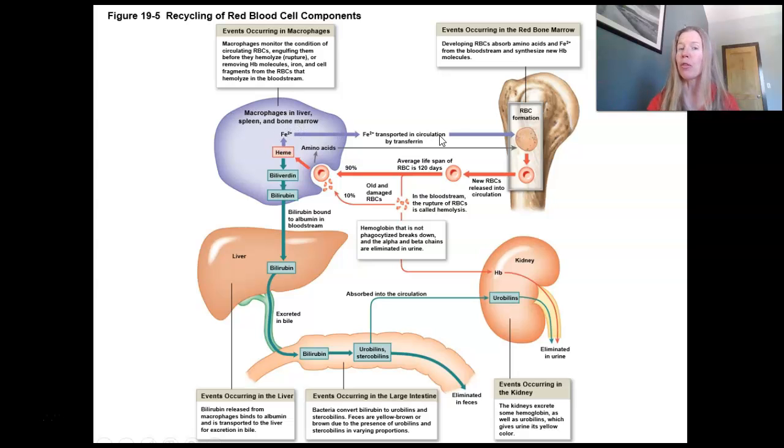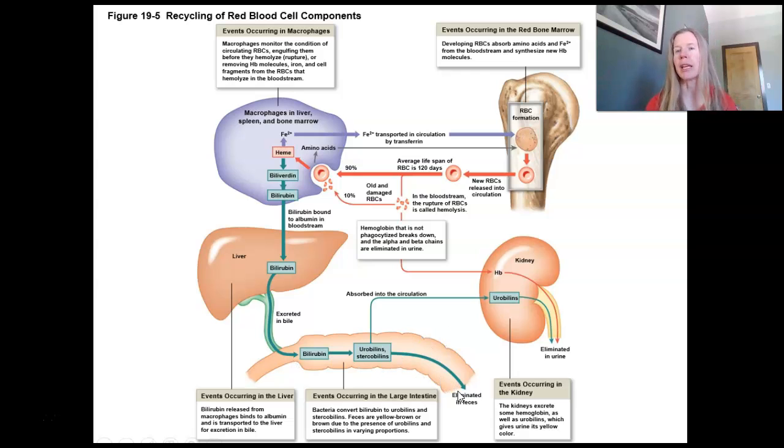The iron going right back to the bone marrow to be inserted into new red blood cells. And then we have this process where the protein portion of red blood cells are actually going to go through multiple changes, but basically becoming bile in the liver, which is, of course, then put into the small intestine to help us digest fats.